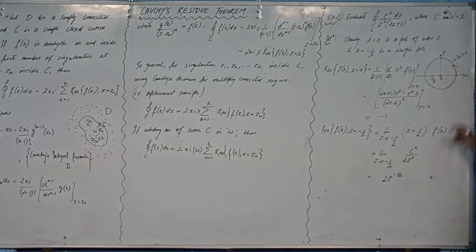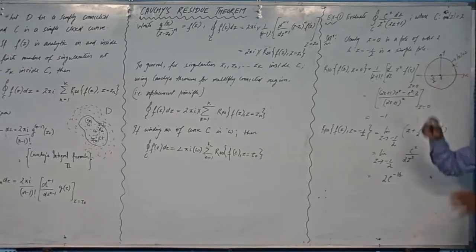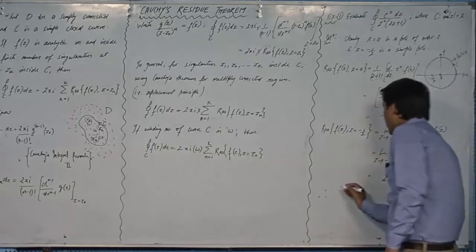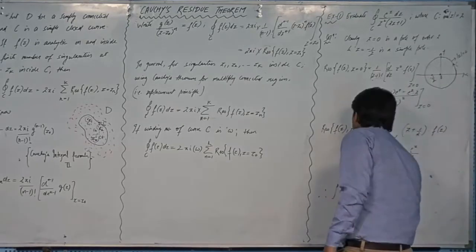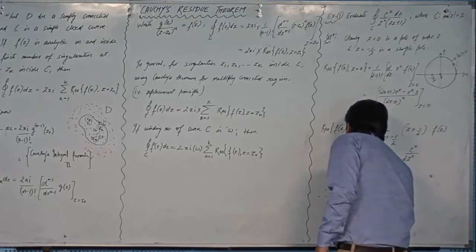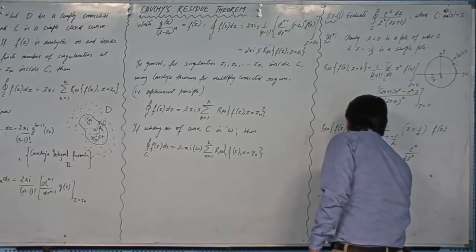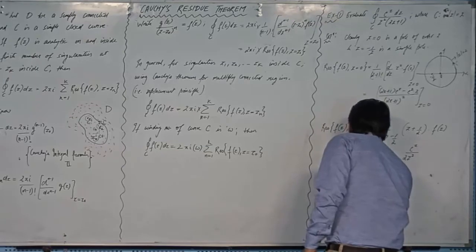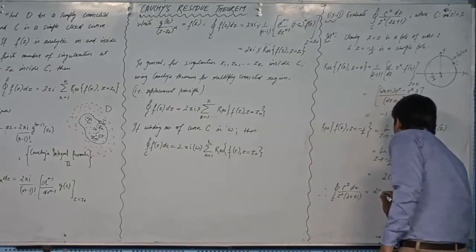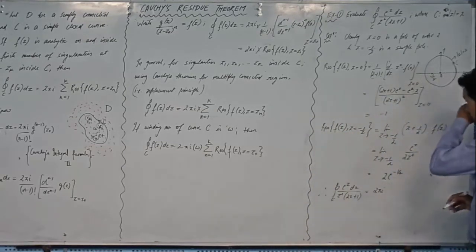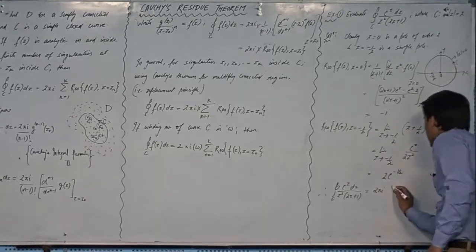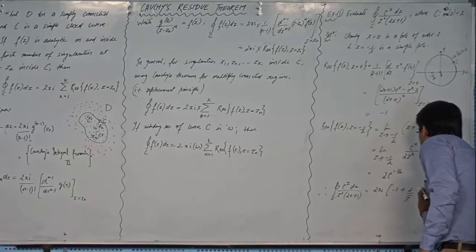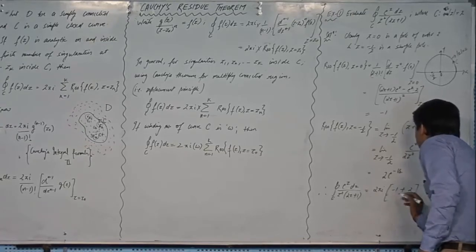And the winding number is also taken as 1 unless it is stated in the question. Therefore the integral over C of e to the power z dz over z square (2z plus 1) equals 2 pi i multiplied by the sum of residues, and the residues are minus 1 plus 2 over square root of e. So this is the answer.